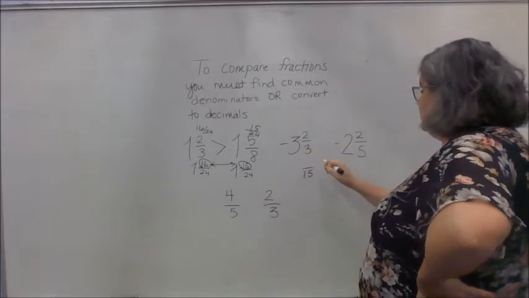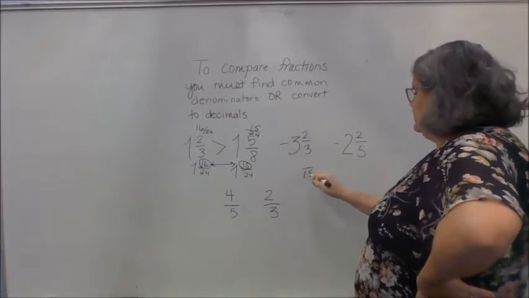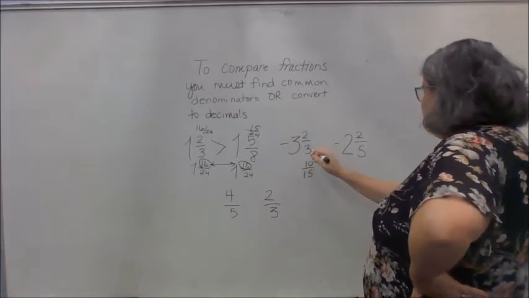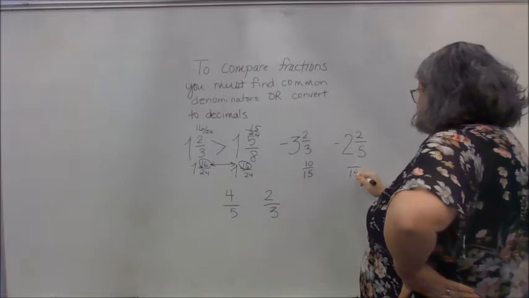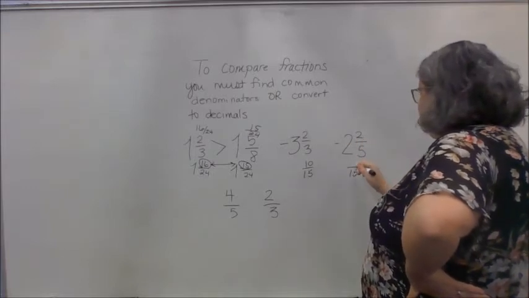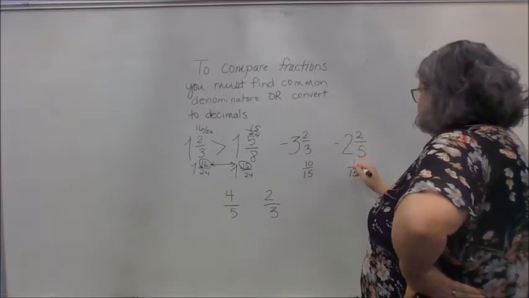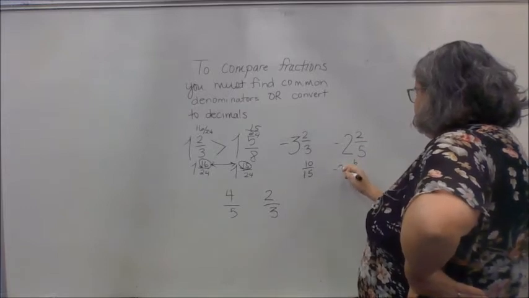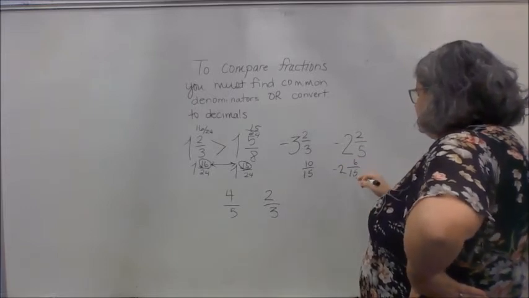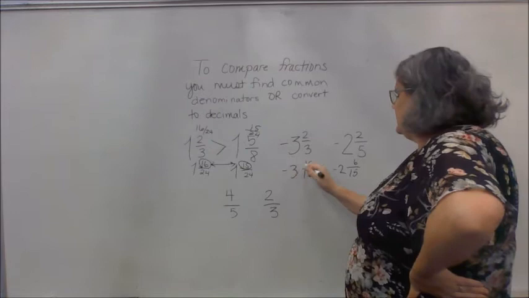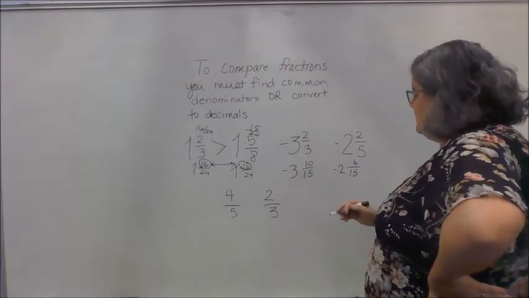And then I'm going to do 5 times 2 and get 10. Here 3 times 5 is 15. And then 3 times 2 is what? 6, right? So negative 2 and 6 fifteenths and negative 3 and 10 fifteenths.